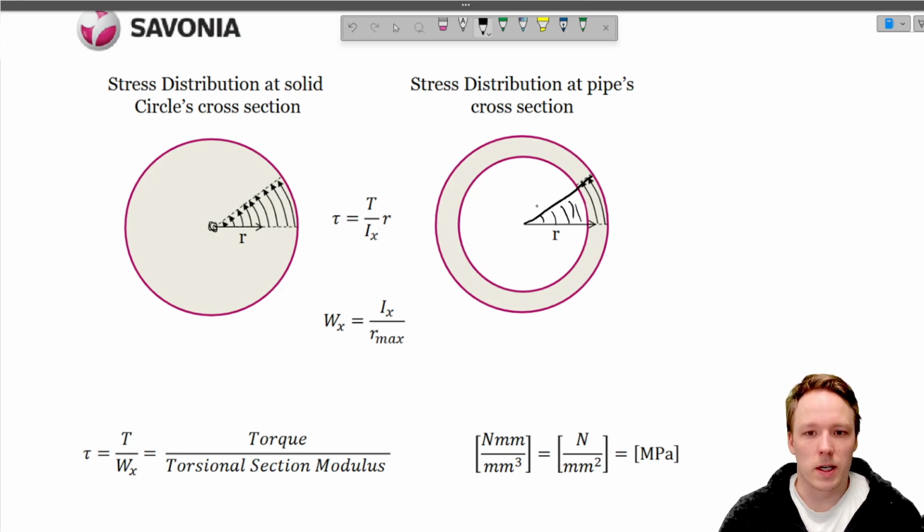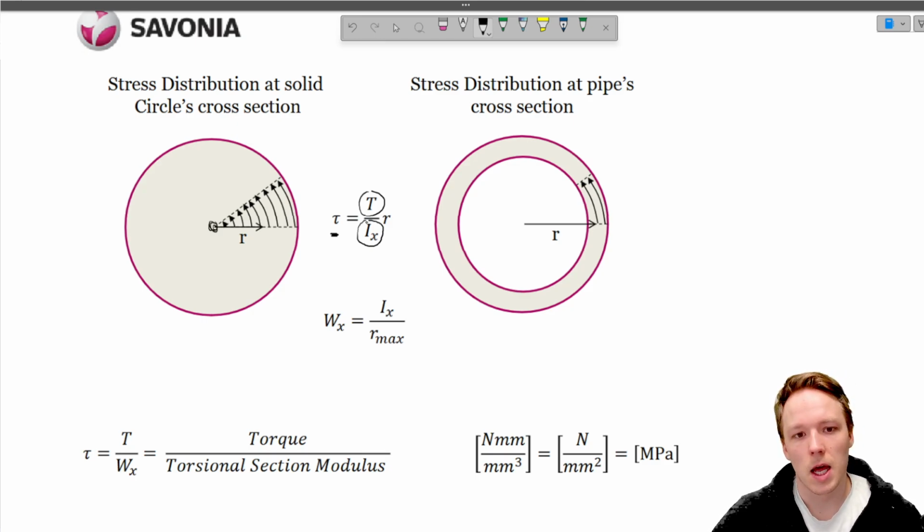When we want to calculate the shear stress, we use this equation. Tau, because it's shear stress, equals torque divided by the cross-section parameter Ix, which describes the stiffness of the cross-section, multiplied by the radius.